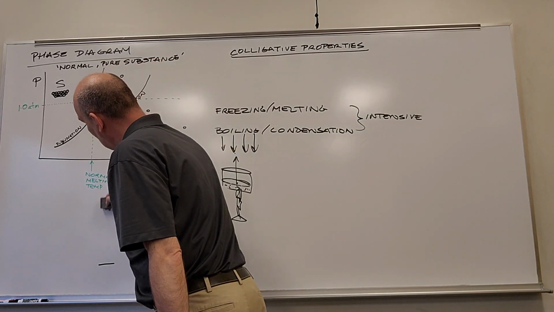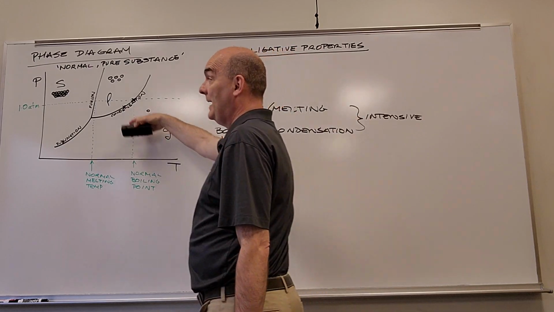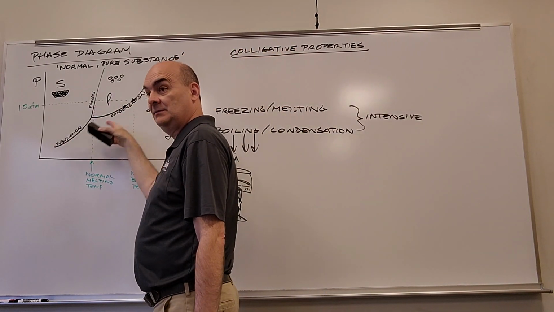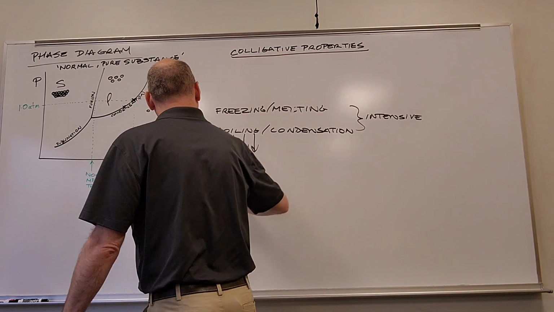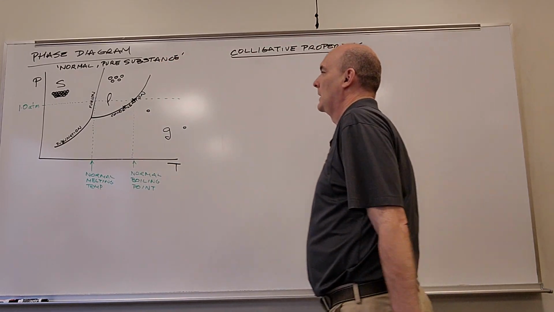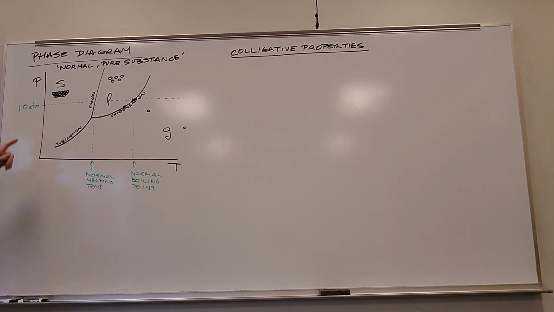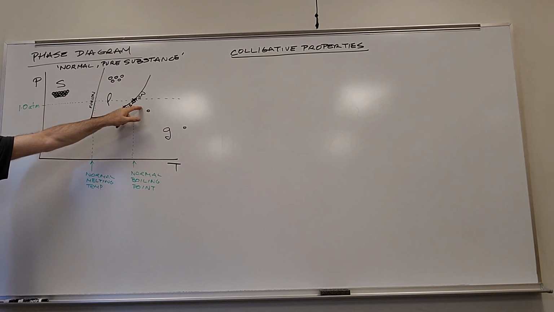Okay? So these values depend on pressure. That's why you've got these curved lines. That's what they represent. When something is pure, those numbers, the normal values at atmospheric pressure, are characteristic.